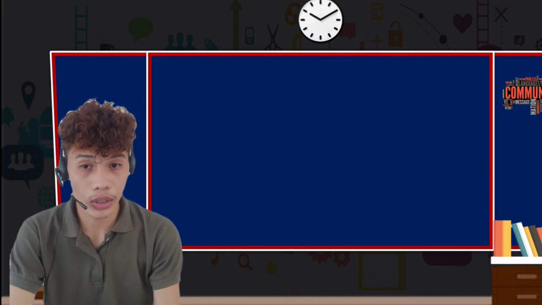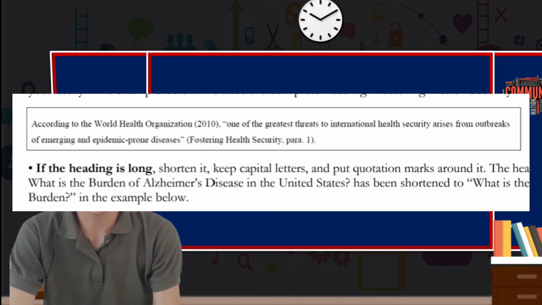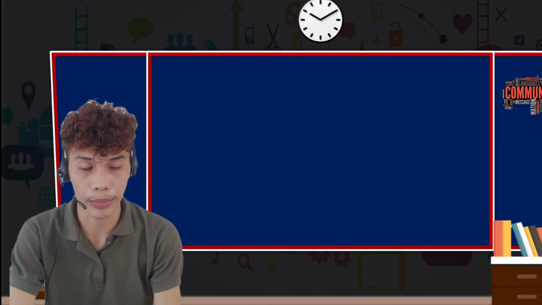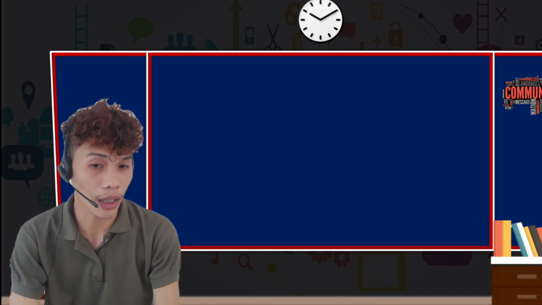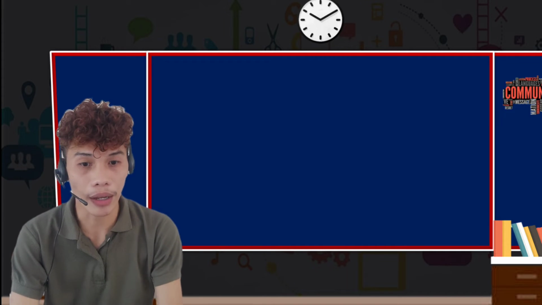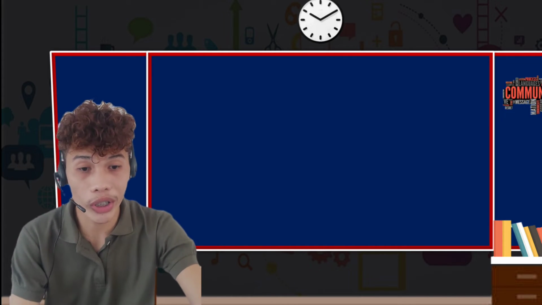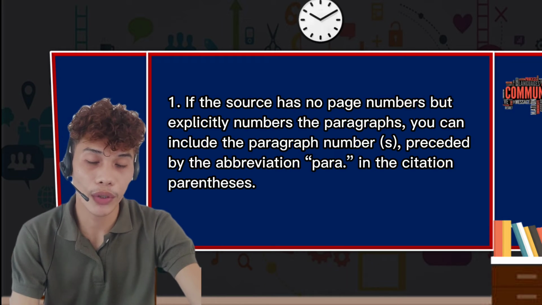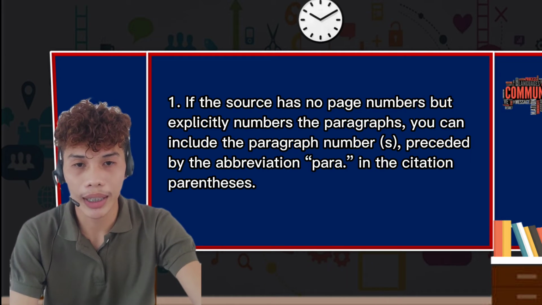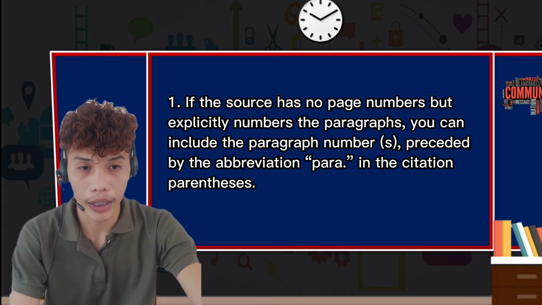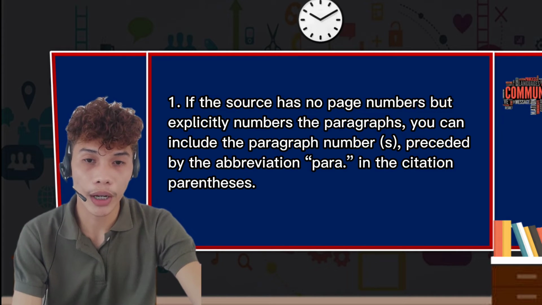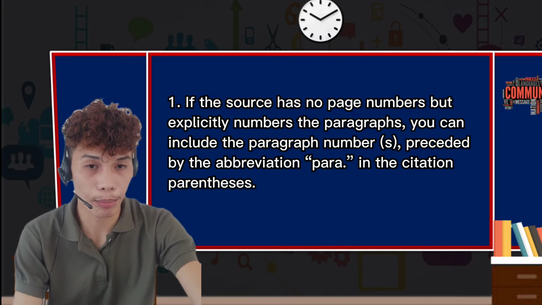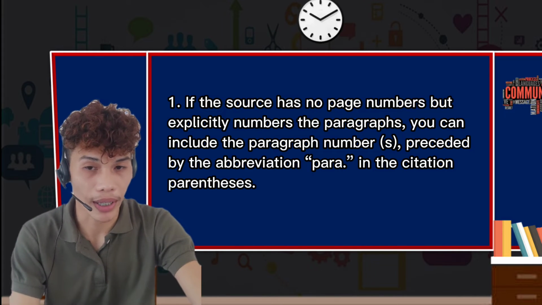Now, electronic sources such as websites commonly have no page numbers, so we really cannot put a page number in the end-text citations. However, PDFs normally show original page numbers. If the source has no page numbers but explicitly numbers the paragraphs, then you can include the paragraph number preceded by the abbreviation para, which means paragraph, in the citation parentheses.